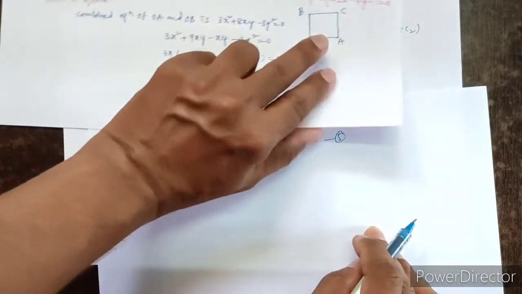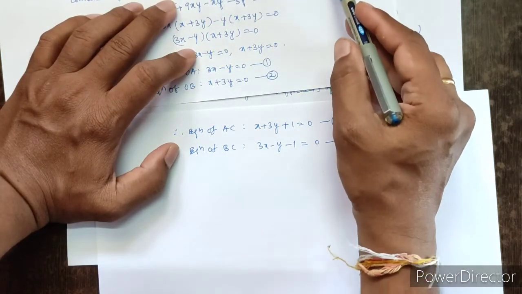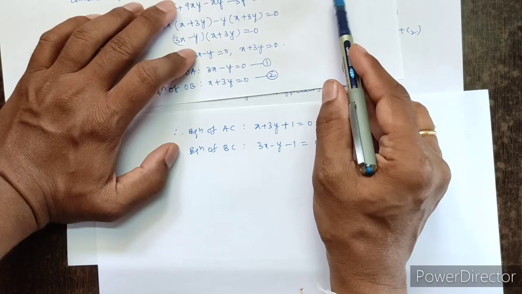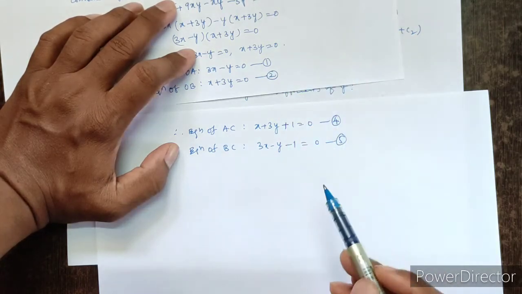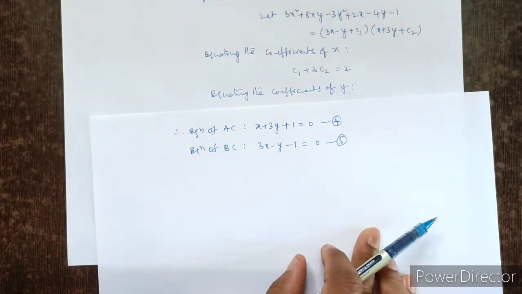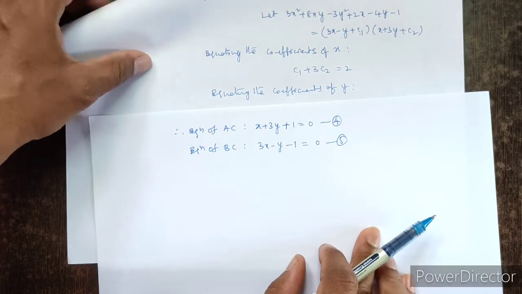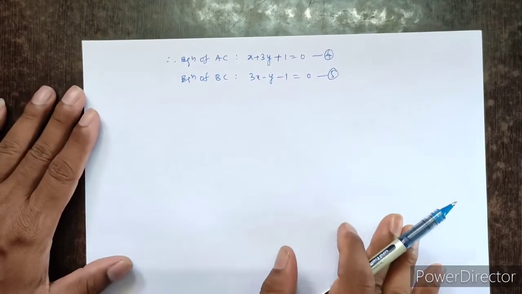Because of C here, AC is perpendicular to BC, and AC is parallel to OB. So just concentrate on parallelism and perpendicularity of the given lines and you can frame the figure.